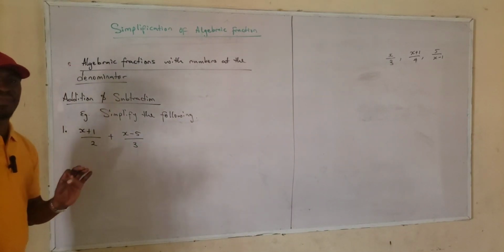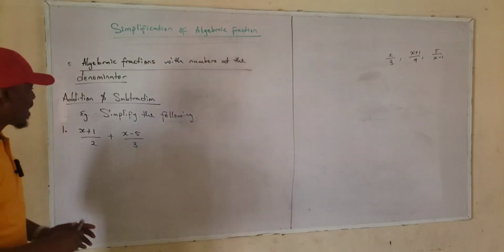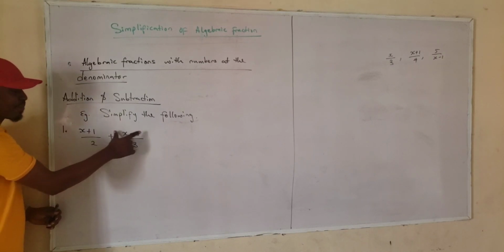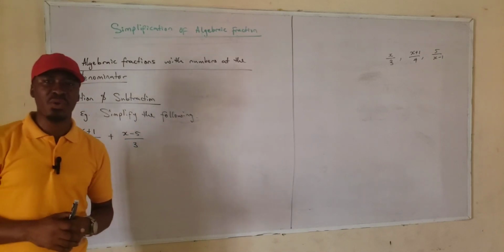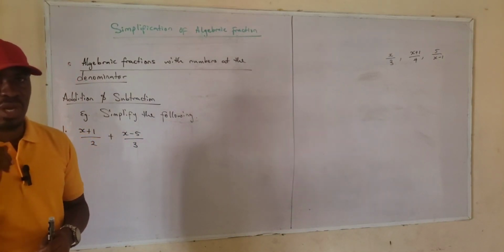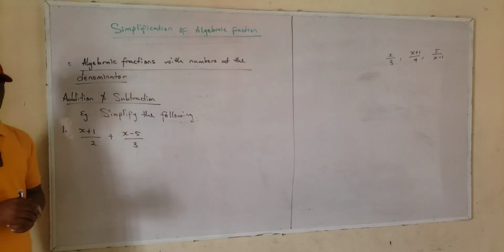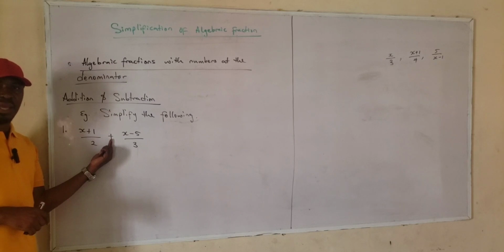But the first thing I will always advise my students to do is to put this numerator here in brackets. Does that mean that if you don't put it in brackets, you are not going to get your answer? No, you are still going to get your answer, but you have to be more careful, especially when there is a negative or subtraction here.